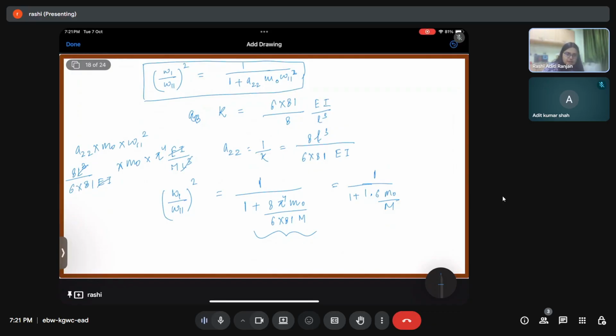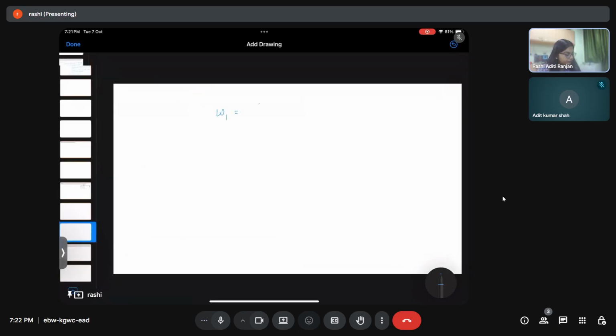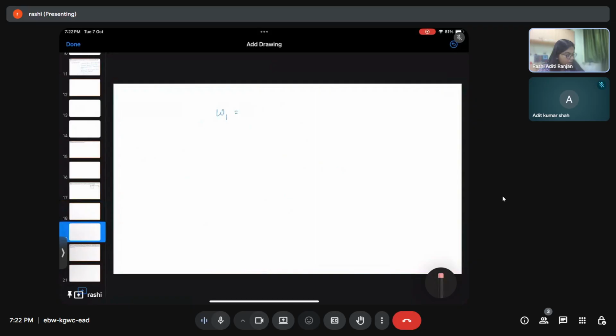And we can further write it like this. And omega 1 is going to be nothing but 1 by 1 plus 1.6 m naught by capital M into omega 11, or finally we can write omega 1 as 1 by 1 plus 1.6 m naught by capital M into square root of EI by M L cube into pi square.